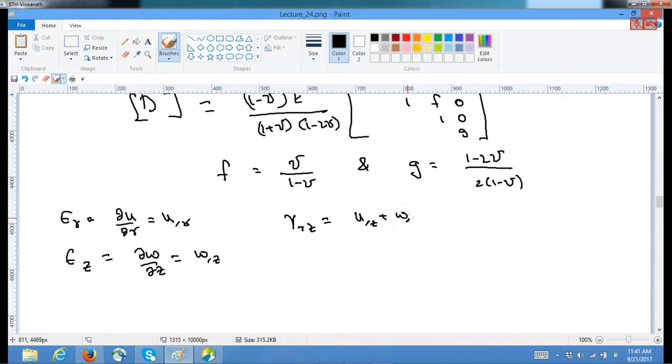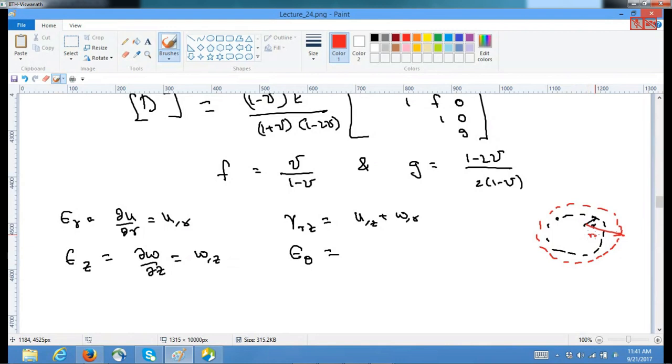But when it comes to epsilon theta, for the others you can use the same definitions we have used for the Cartesian. However, for epsilon theta, I will give you a physical meaning. Let us say that we have an initial circle of radius r, and due to the deformations, it has elongated to a radius of r plus u.